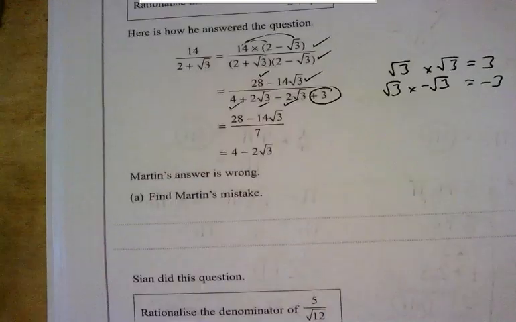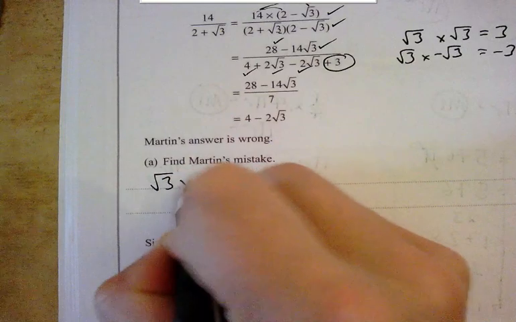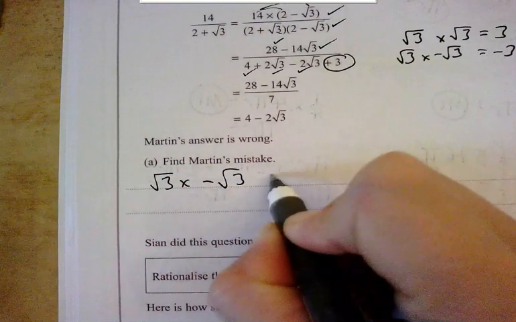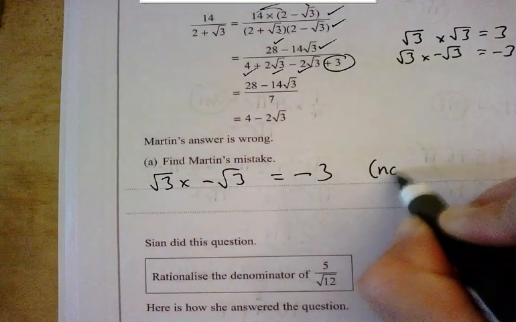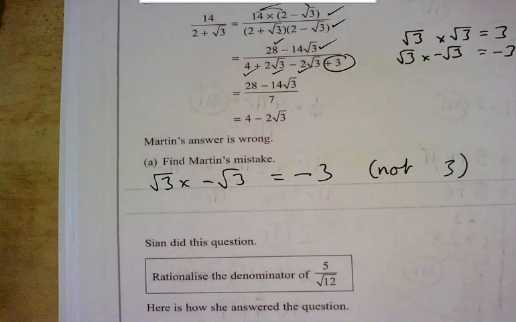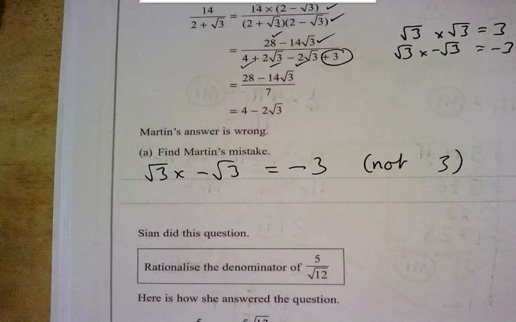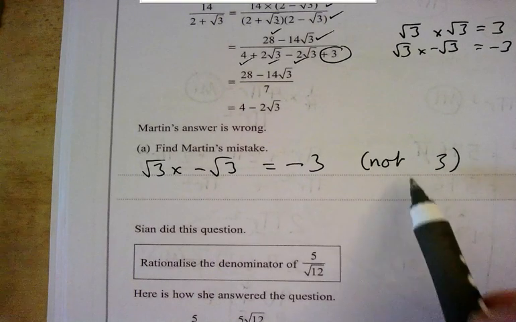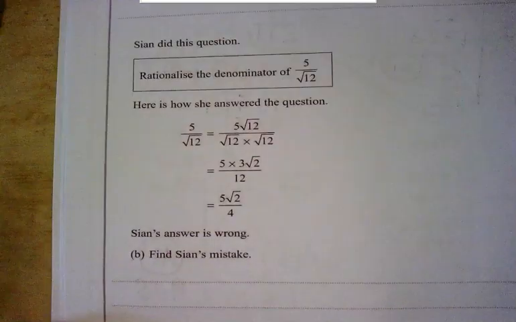There's his mistake. So find Martin's mistake. Root 3 times negative root 3 equals negative 3, not 3. There's not really many other ways that you'd express that, so that's for 1 mark.